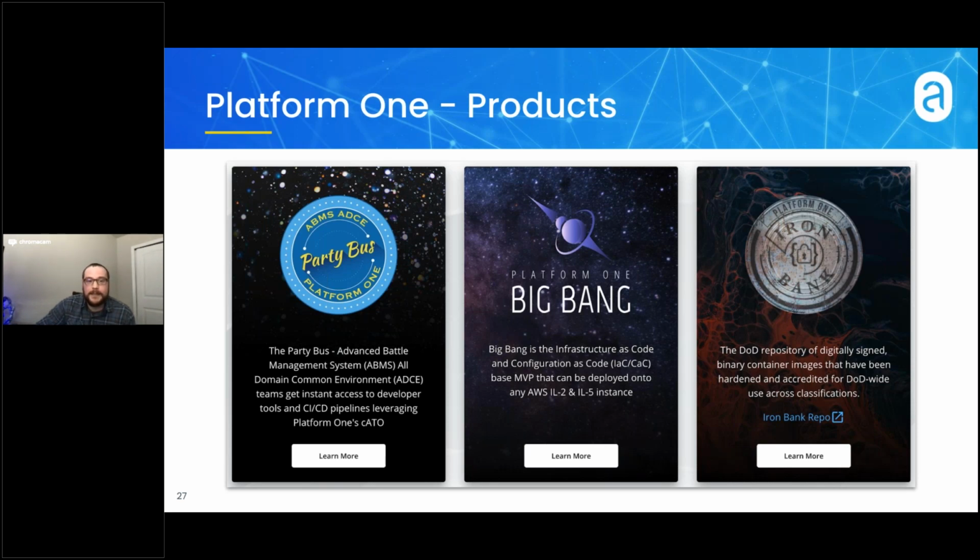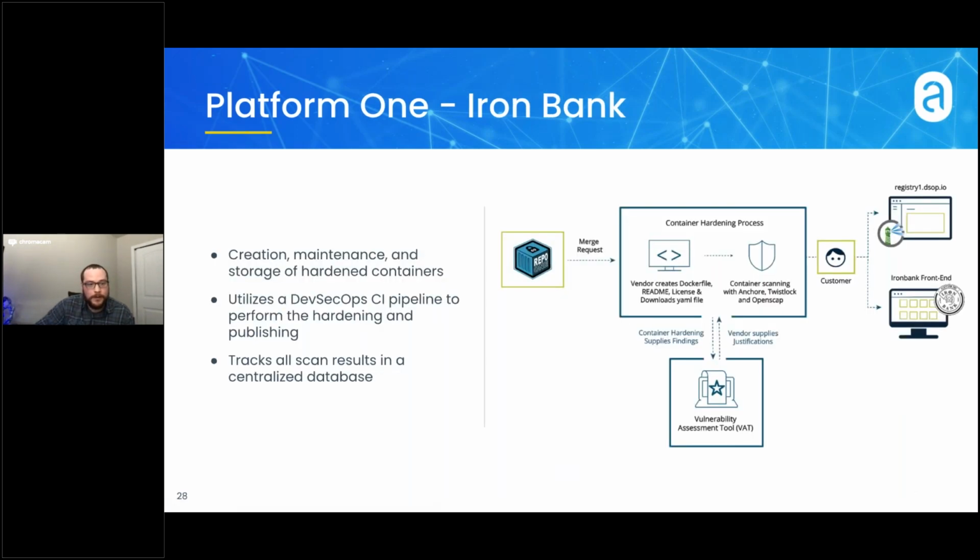So let's dig into each product a little bit more. Like I said, Iron Bank is where containers are hardened. More than that, though, the containers are hardened by a team of engineers where they undergo a technical and security analysis. The Iron Bank uses a DevSecOps CI pipeline to automate a lot of the hardening and information gathering for each image. An image will be scanned by security tools, including Anchore, and all of the results are pooled into a centralized database.